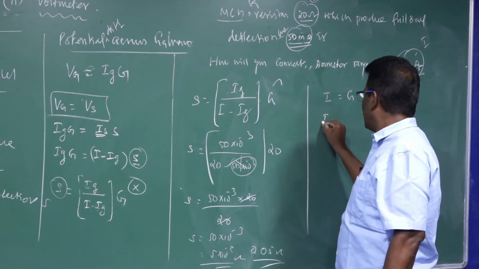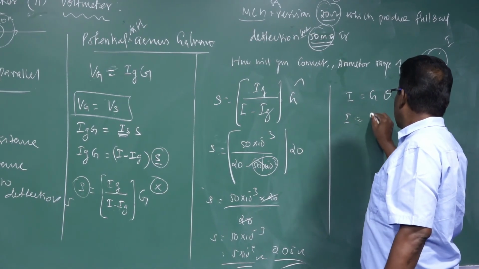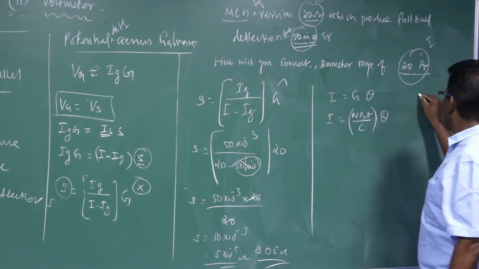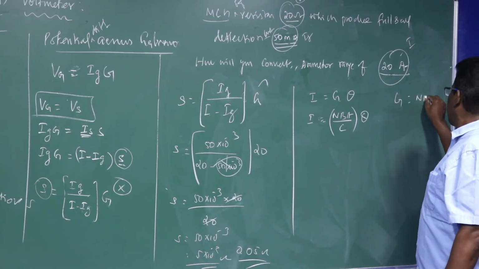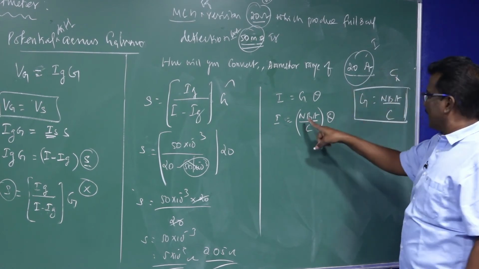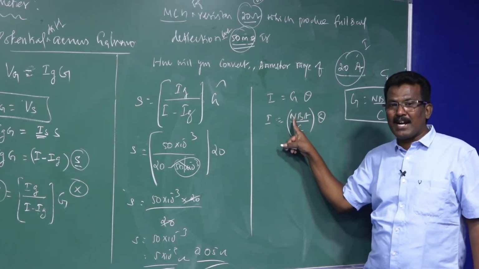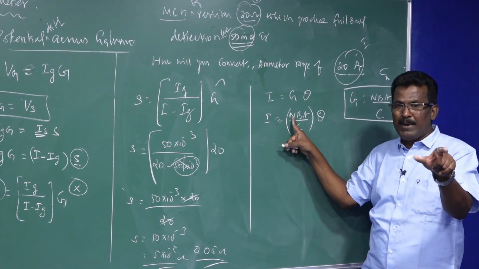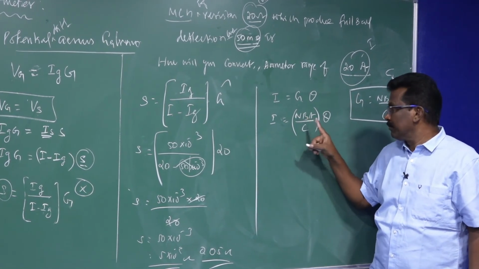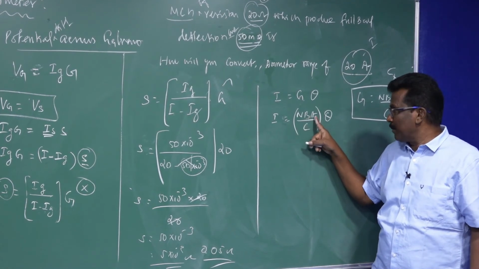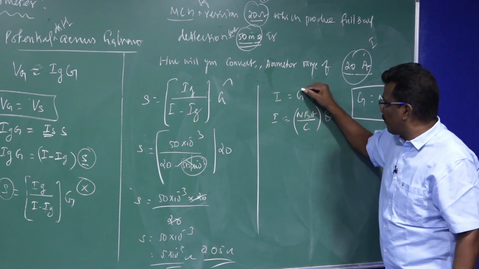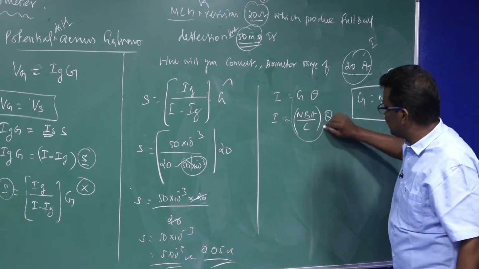So I is equal to G theta, where G is equal to NBA by C. N represents the number of turns of the rectangular coil suspended between the poles of the magnet. B is the magnetic field of the magnet. A represents the area of the coil. C represents the couple per unit twist. So this part is called the galvanometer constant.